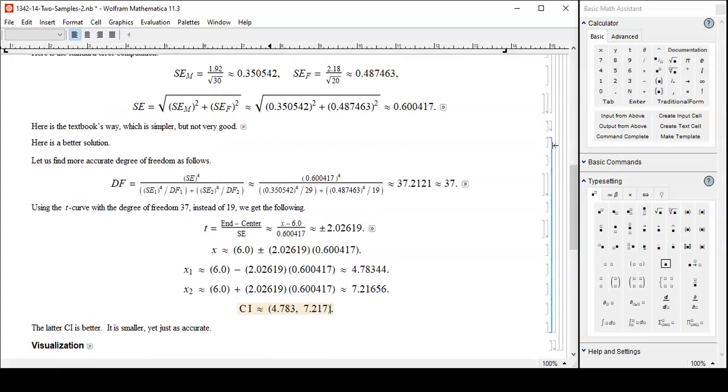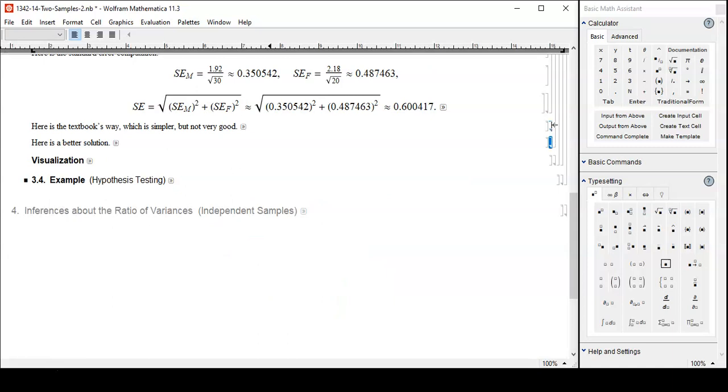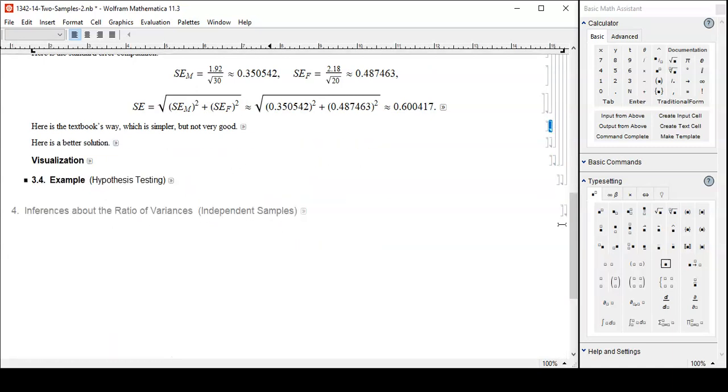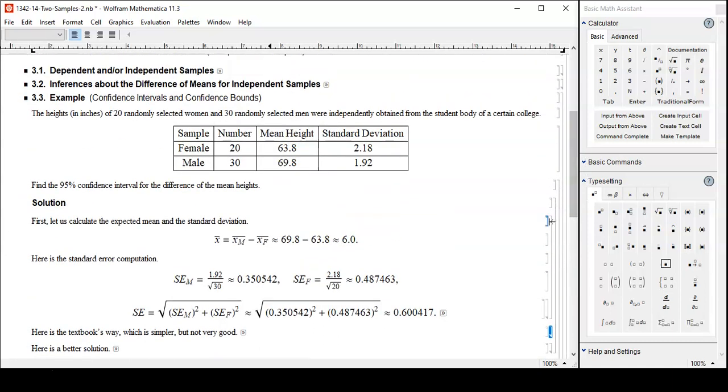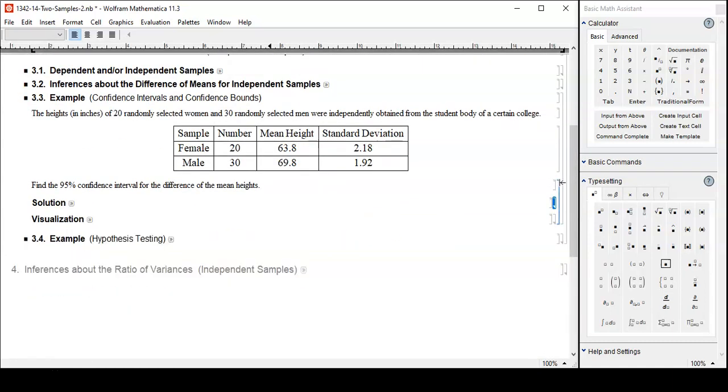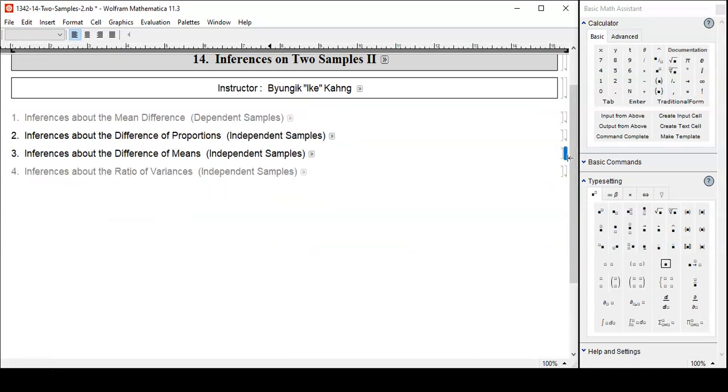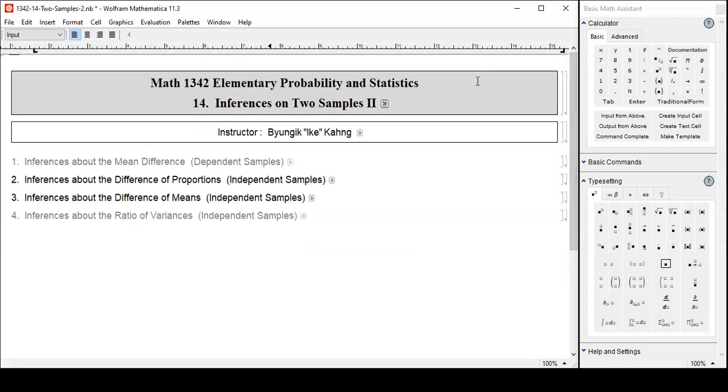So use this method whenever possible, even though I will tolerate the other solution because it's in the textbook. If I give an exam problem like this, then I will accept the textbook solution. But if I give you a homework problem or project problem, which comes with that degree of freedom formula, then you'll have to use that.